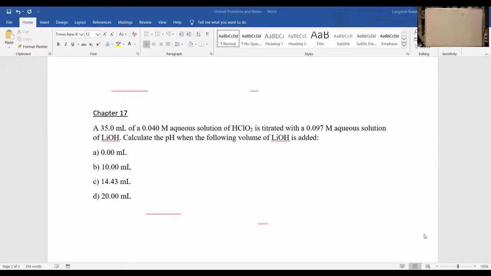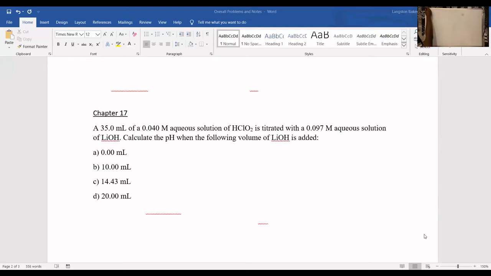Okay, let's do some titration stuff. Here it is. Some weird numbers, but it's okay.